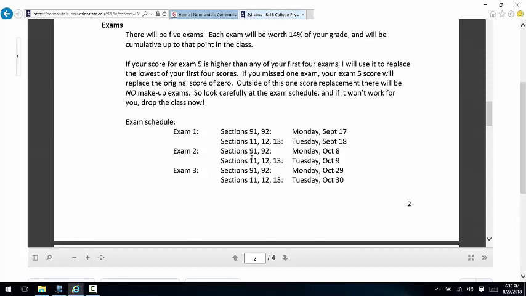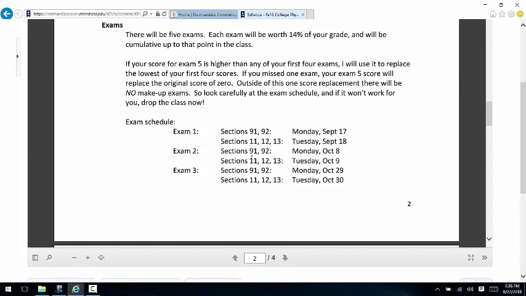But I also use that approach as the only way that I do makeup exams for the most part. If you have something you have to get to or whatever, come talk to me and we'll talk about it. But the idea is, if you miss one of the first 4 exams, then right when that exam's graded, it shows up in your total class score as a 0, and it stays a 0 all the way up until the final.